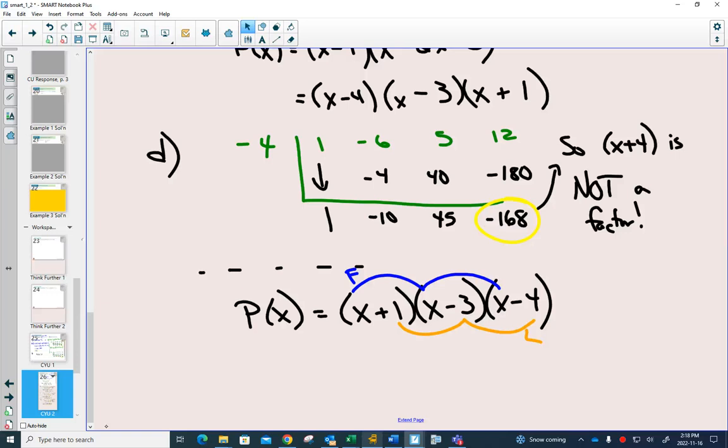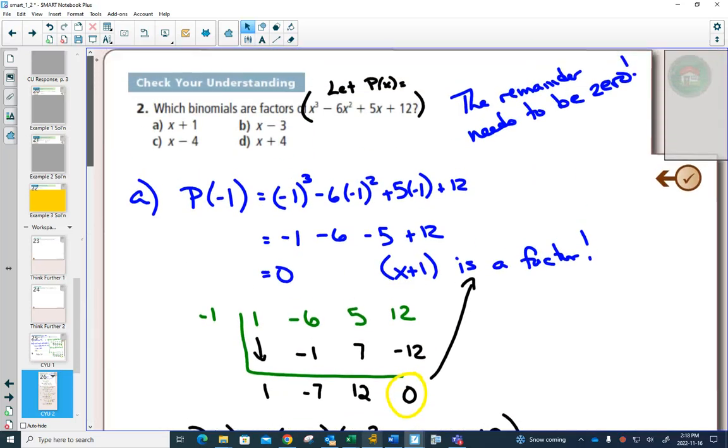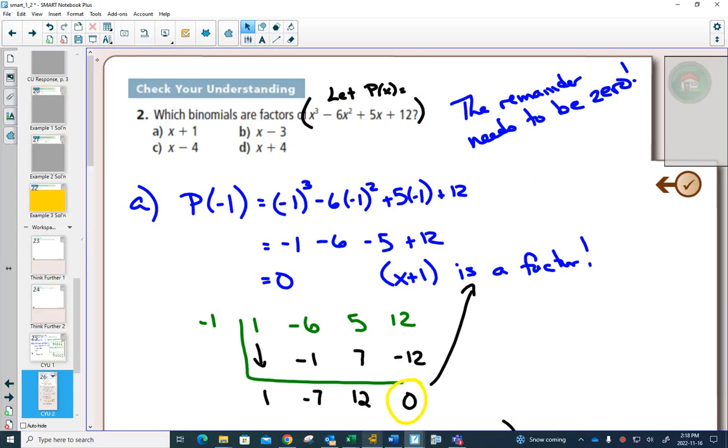I'm trying to find one factor. The hint is in the answer here. If you think about, okay, what do we notice about the last ones? They multiplied to give us 12. Can you see 5 would be a bad choice? Because 5 times what is 12?